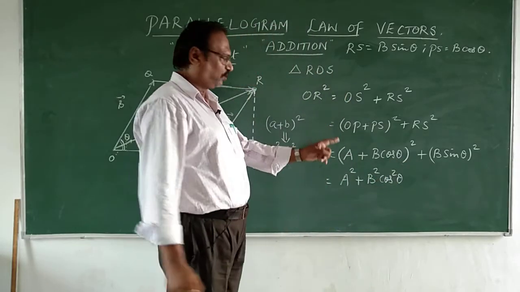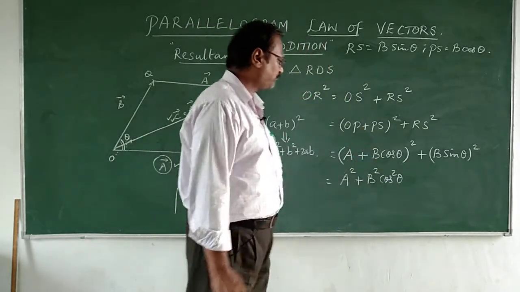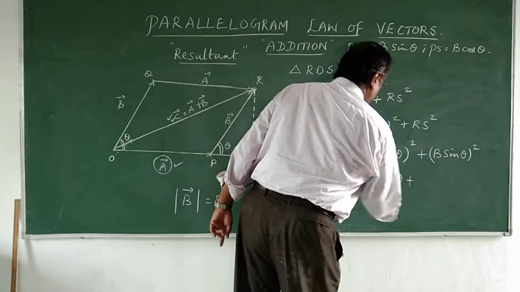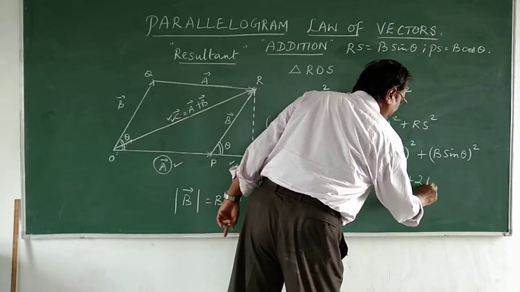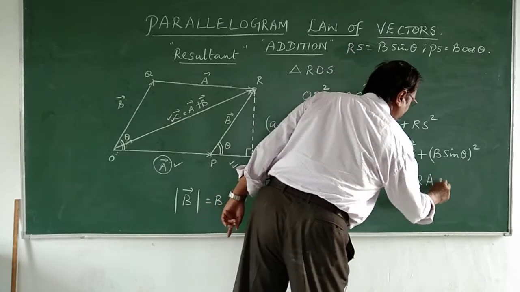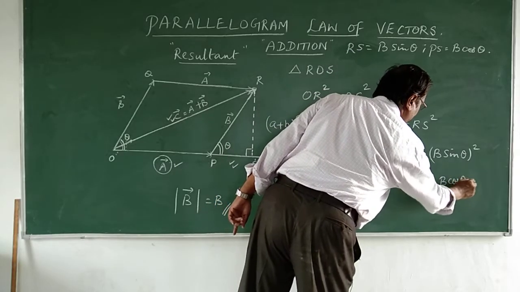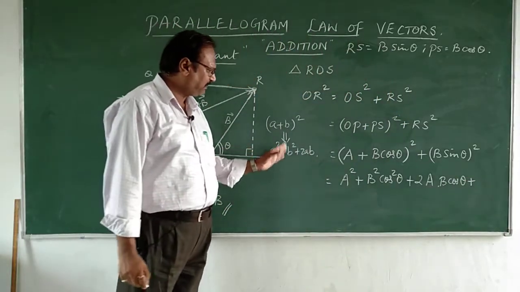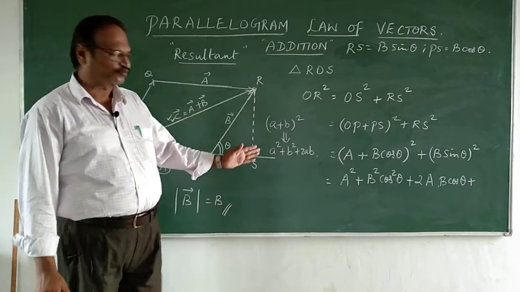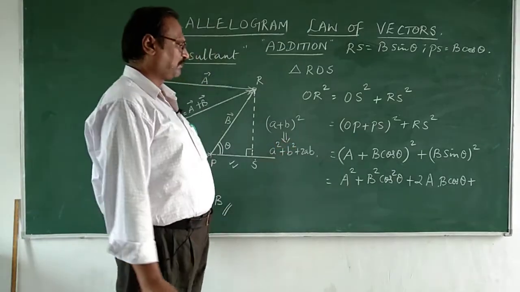The square holds good for both the terms. Plus 2AB, 2 into A is capital A into B is capital B cos theta plus. I hope you understand. It is the simple a plus b the whole square formula, a square plus b square plus 2ab.